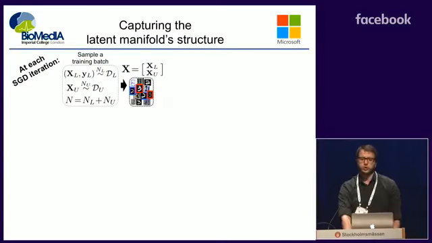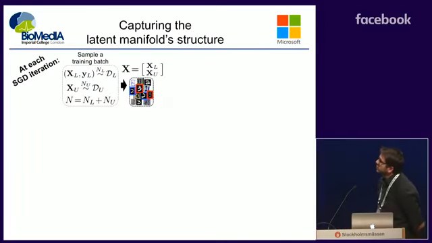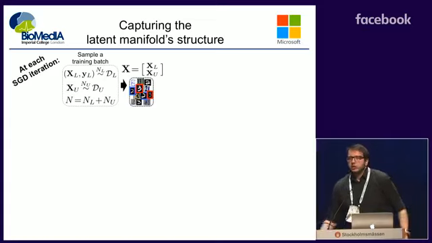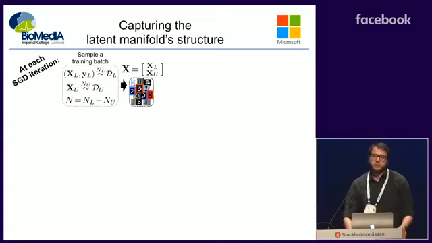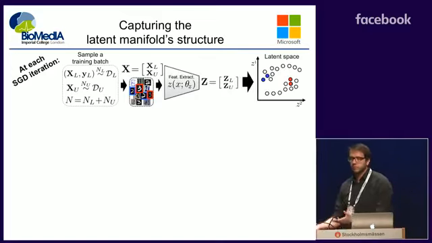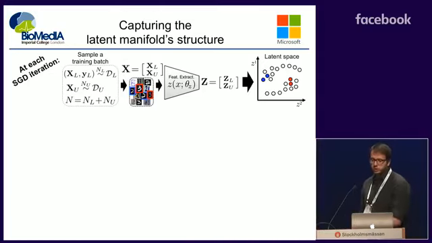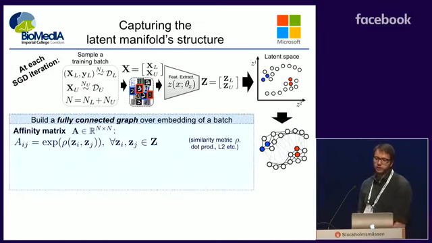We are working within the framework of training a neural net with standard SGD, but at every iteration we create a batch that has samples from both the labeled and the unlabeled data, we plug them through the network and we get the embedding in the latent space out. We want to capture the manifold there.